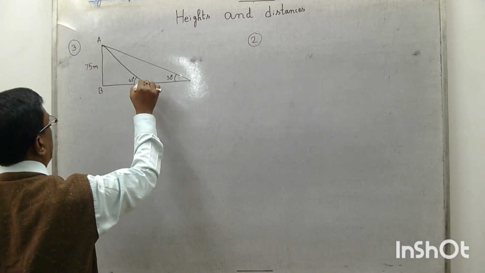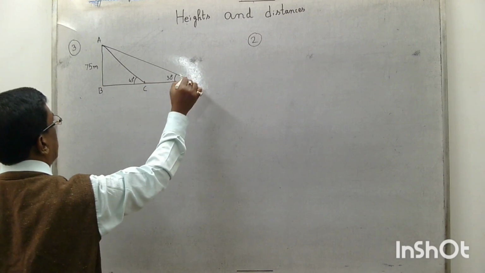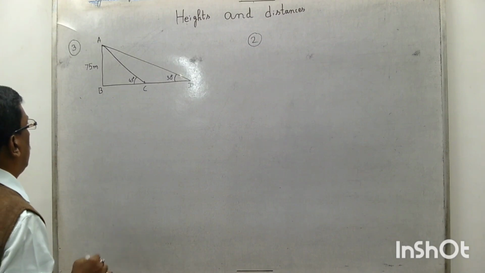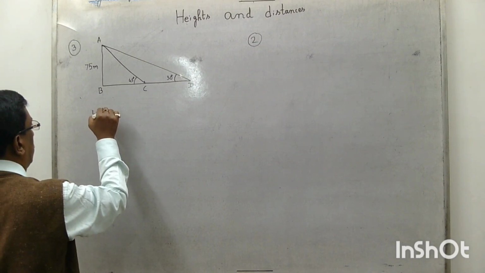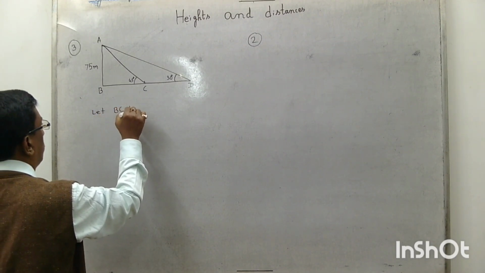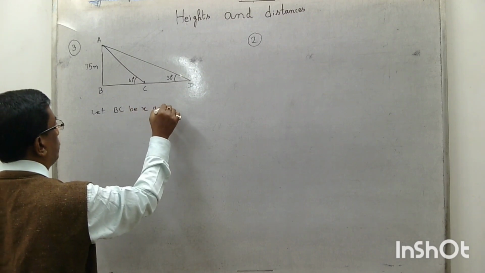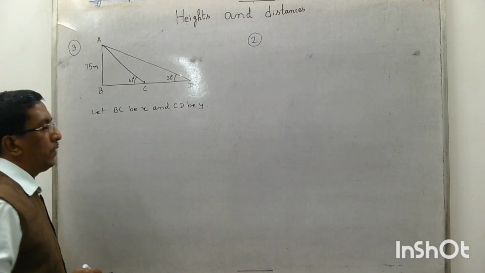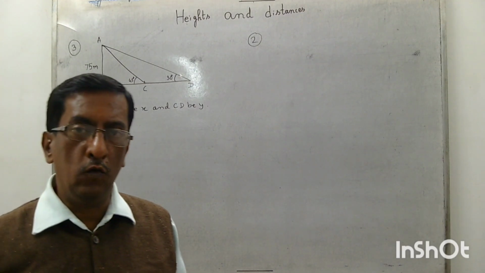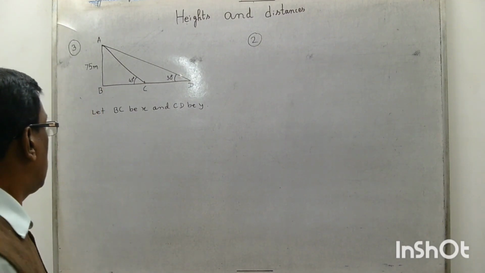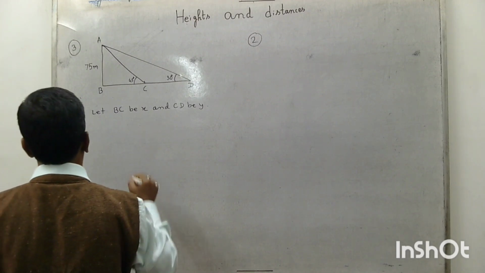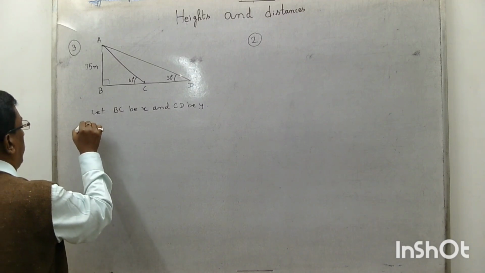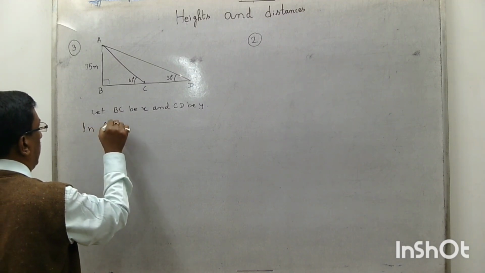The first ship is taken at C and the second ship D. Let BC be X and CD be Y. We have to find the value of Y. Now this angle B is a right angle. So we take this right angle triangle ABC.